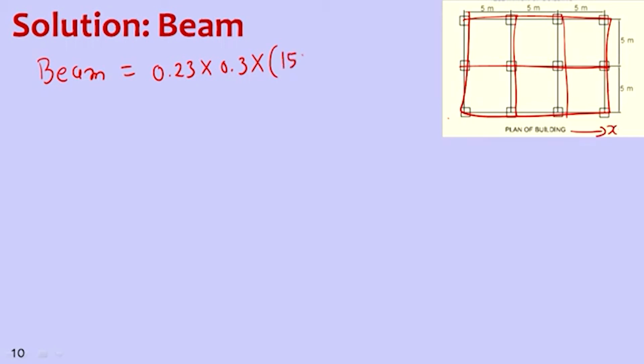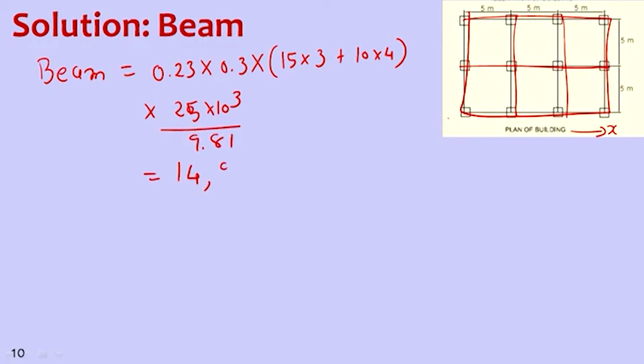So 15 into 3 plus 10 into 4 is the length. This product will give us the volume, multiply by 25 into 10 raised to 3 divided by 9.81. So this will give us 14,946.48 kg as the mass of a beam.